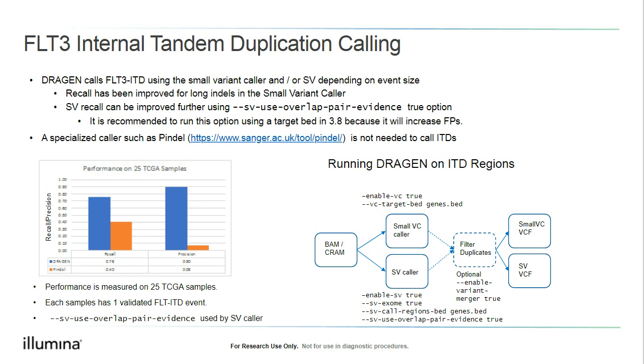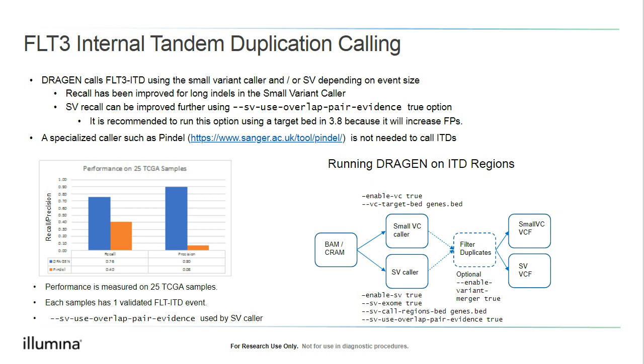We have improved the recall for long indels in the somatic small variant caller, and with the combination of the SV caller, we are now able to get high recall and precision for calling these FLT3 ITD events. What this means is, in the past, if you have used a specialized caller such as Scalpel, now you can just use the DRAGEN pipelines to be able to call these events.